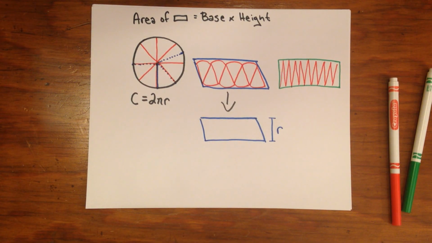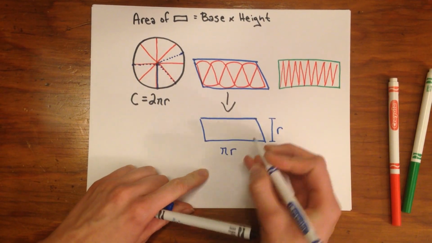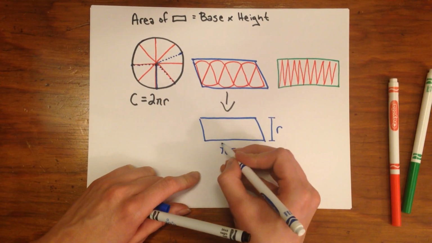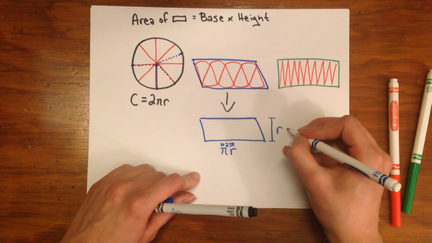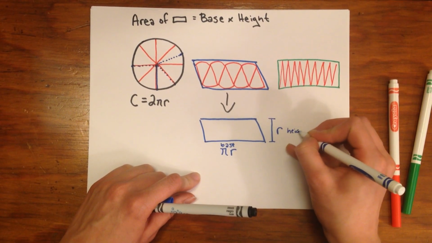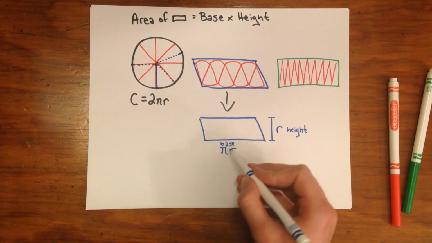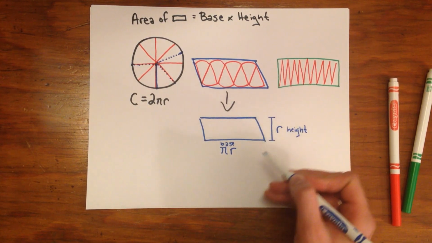And we're going to see that our length is going to be pi r. Okay, so that's going to be our length, or what we're going to call our base. So this is our base. This over here is going to be our height. So our base is pi r, our height is just r.